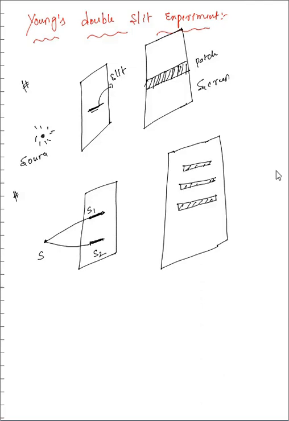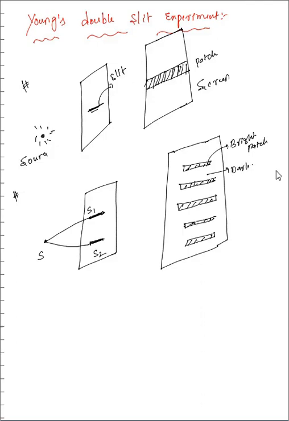Similarly downward also: bright, dark, bright. These consecutive bright and dark patches form here. The shaded ones I consider as bright patches, and the remaining I leave as dark patches.